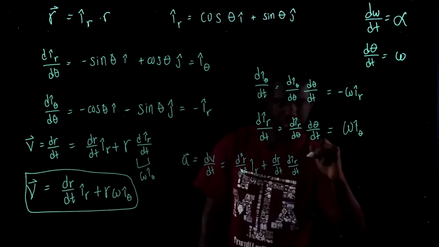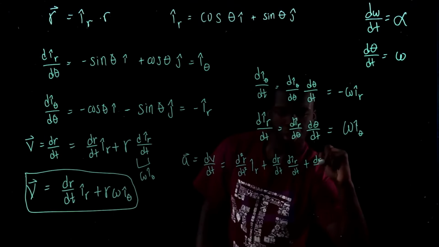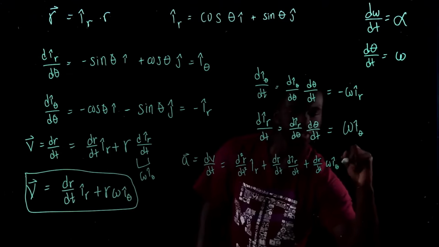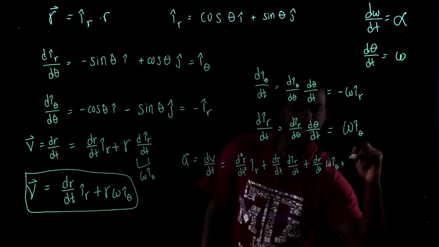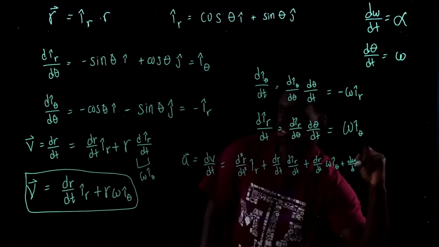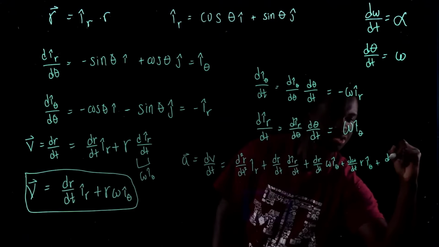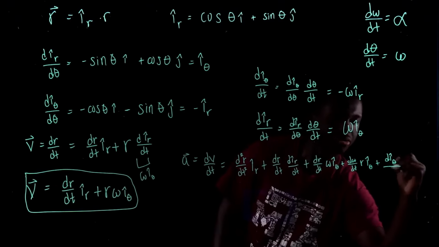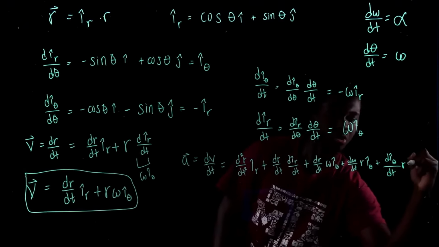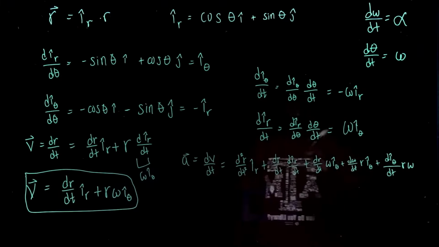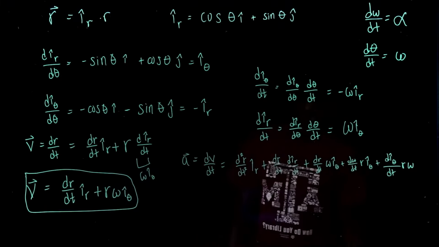Next, you're going to add plus dr dt omega i_theta plus d omega over dt r i_theta plus omega dr dt i_theta plus di_theta over dt r omega. Okay, so that is the whole formula for acceleration.